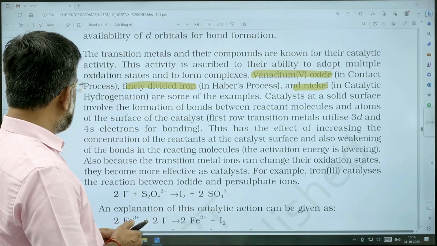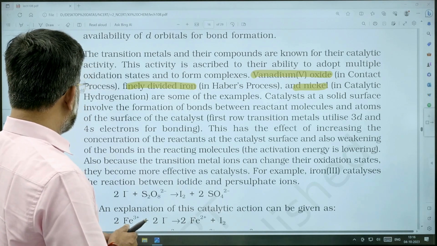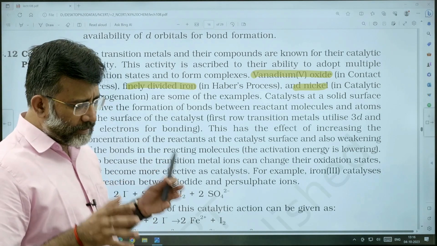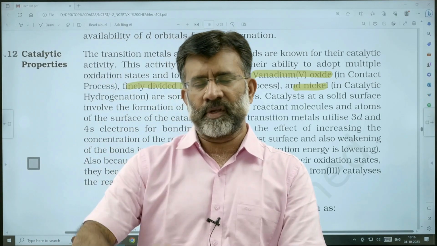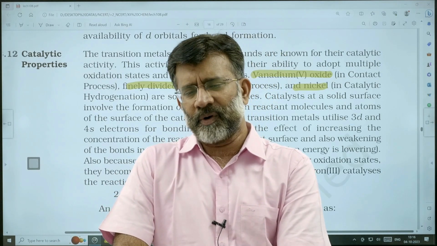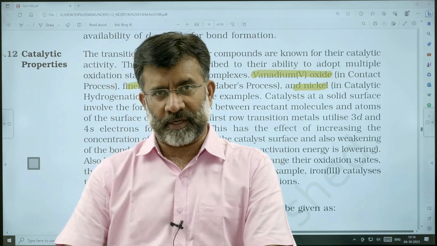Catalysis at a solid surface involves formation of bonds between reacting molecules and the atoms of the surface of the catalyst. So the basic science behind heterogeneous catalytic activity, all of you know and learned in another chapter, surface chemistry, is adsorption.